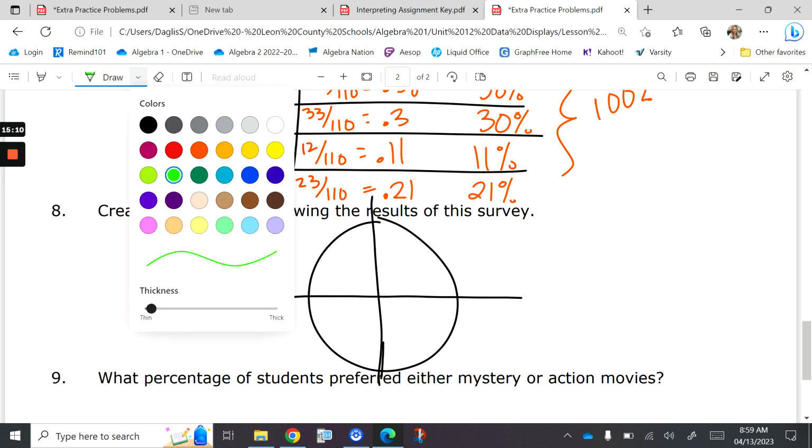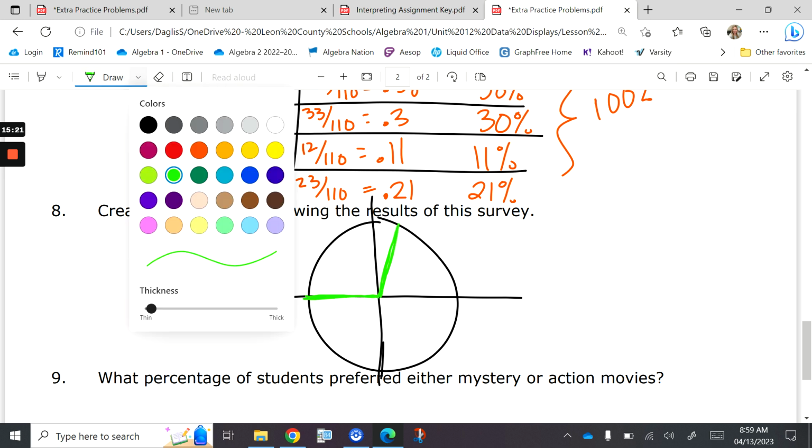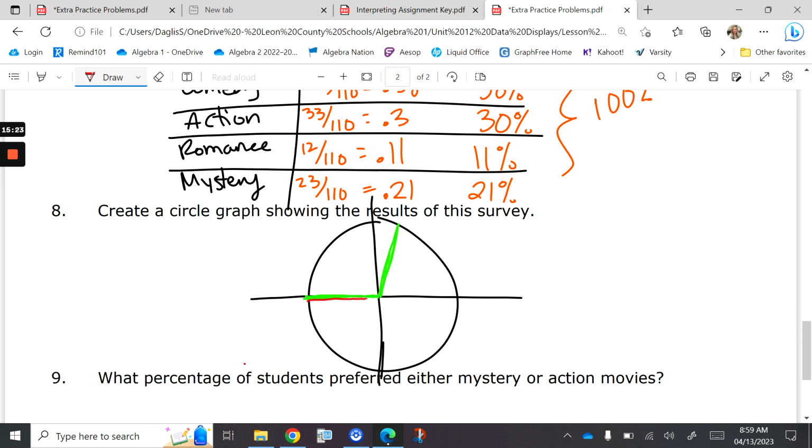So for my 30, I'm going to go across and then go just a little bit past my 25 mark. Right here. And then for my 38, I'm going to go a little bit more past. Boop, boop, like that. Oh, hold on, go back.